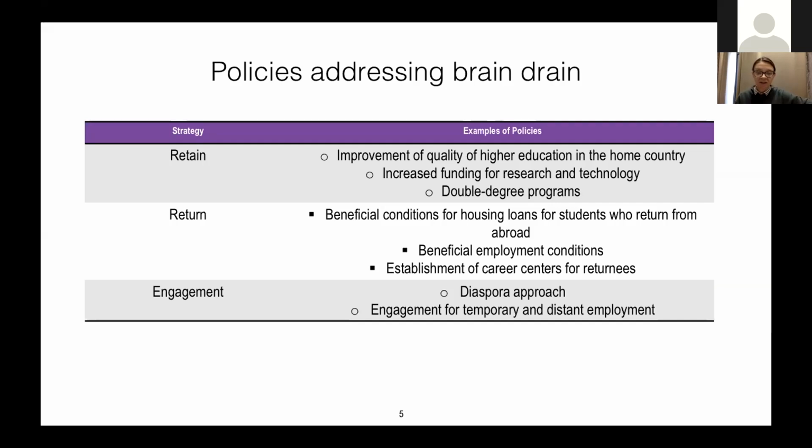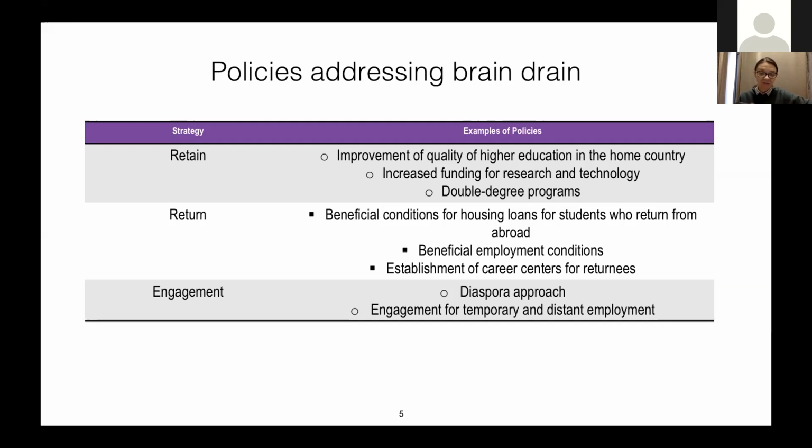They include beneficial conditions for housing loans for students who return from abroad, beneficial employment conditions, establishment of career centers for returnees, and so on. And this in fact is an excellent example of policies for talent attraction of countries' own students after their international experience.